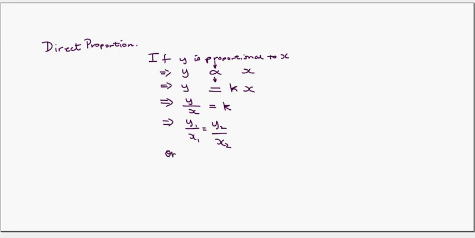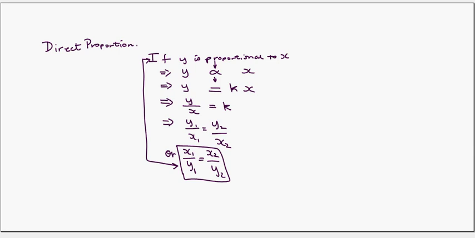Or x1 over y1 is equal to x2 over y2. And this equation here is what we'll be using to solve these problems. So anytime we determine that two quantities are proportional, then this is the relationship we'll be using to solve it.